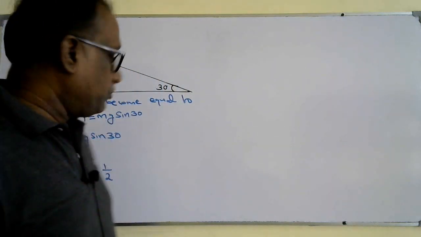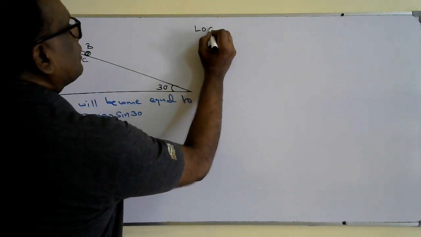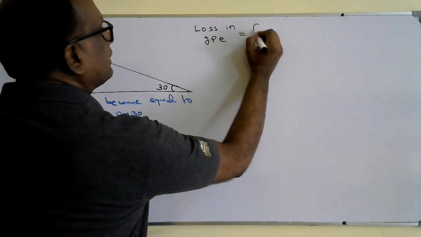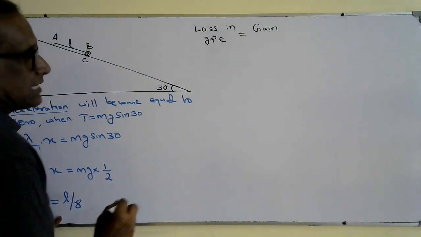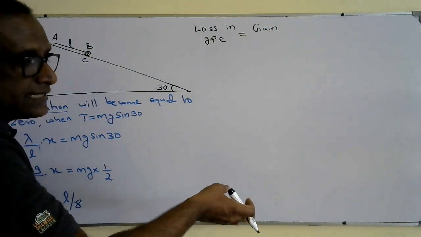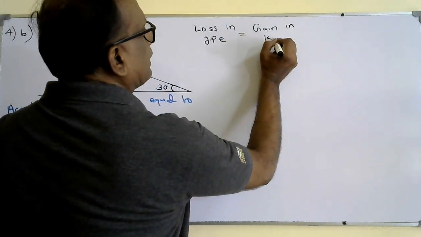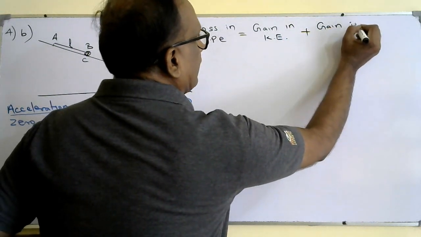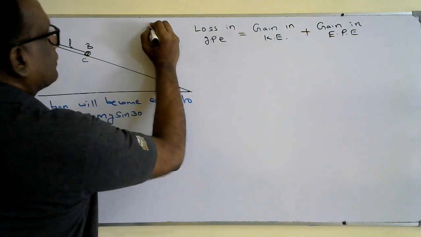So we can write the equation for this motion. Loss in gravitational potential energy equals gain in kinetic energy plus gain in elastic potential energy, because speed is increasing until this point; beyond it, speed decreases and becomes 0 at D. So I'm doing method 1.